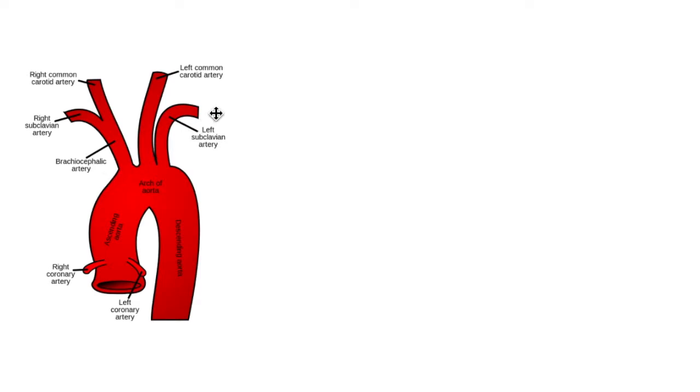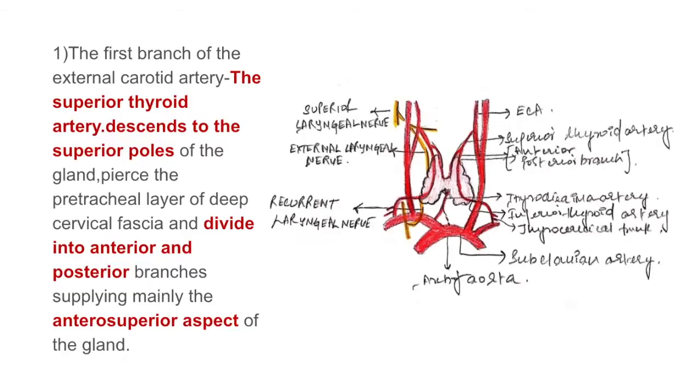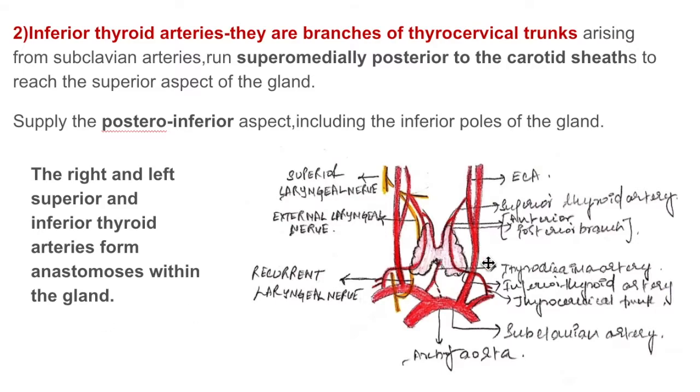Both the inferior thyroid arteries arise from the thyrocervical branches of the subclavian artery. The only difference being that the right subclavian is a branch of the brachiocephalic artery and the left subclavian is a direct branch of the arch of aorta. So we see that they are both branches of the thyrocervical trunk and they run superomedially posterior to the carotid sheath to reach the superior aspect of the gland.